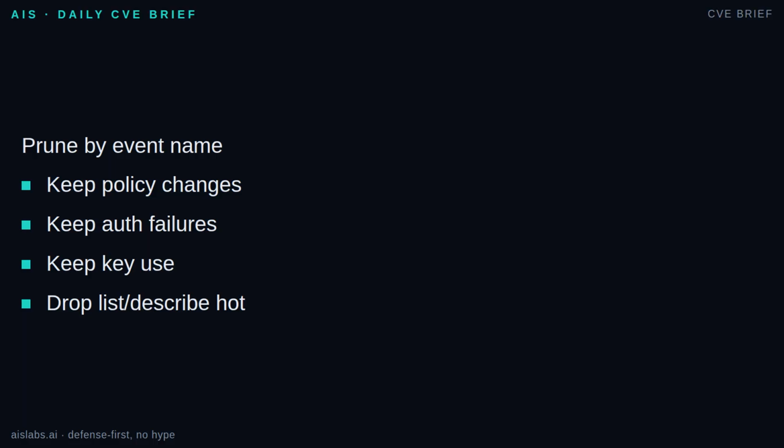Drop from hot SIEM: list users, list roles, describe instances, describe networks, get account summary, and routine get configuration calls. Those dropped events still went to cold searchable storage. The result was smaller daily ingest, faster identity searches, and clearer alerts when a real policy change happened.